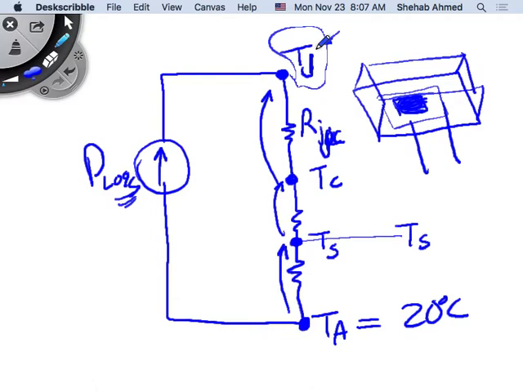We looked at the data sheet last time and we saw that there's a maximum junction temperature value given in any data sheet. You will have a maximum junction temperature for operating, and even for storage of the device, right? So this is a very important thing to calculate every time you do a design.